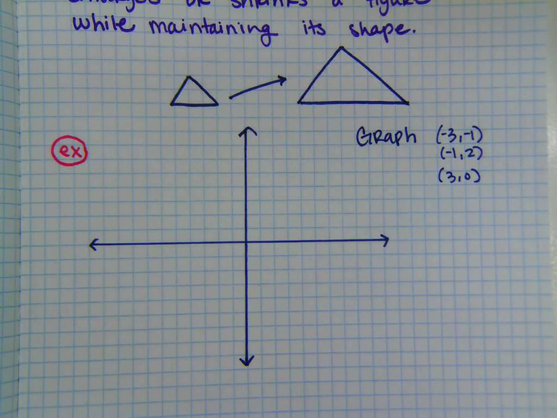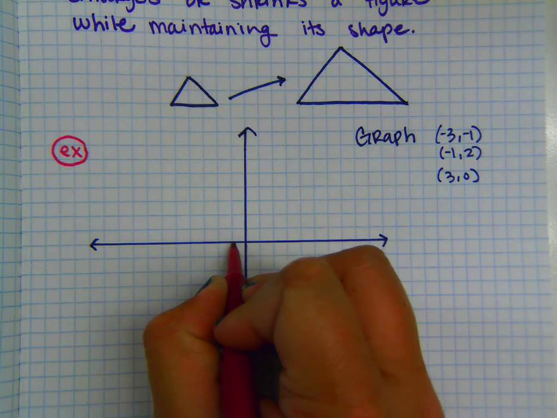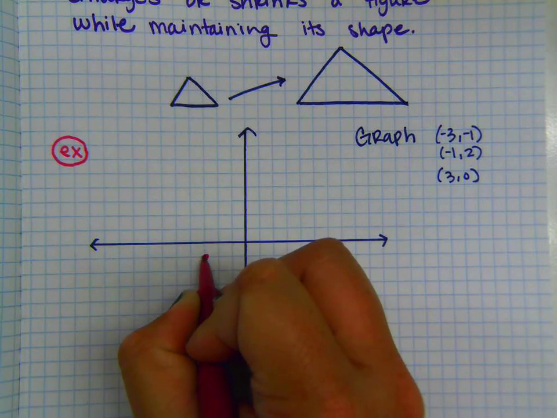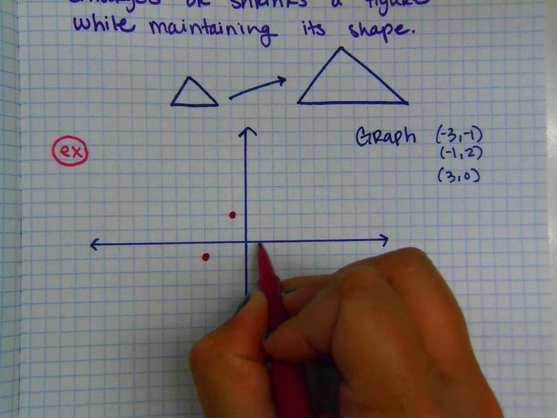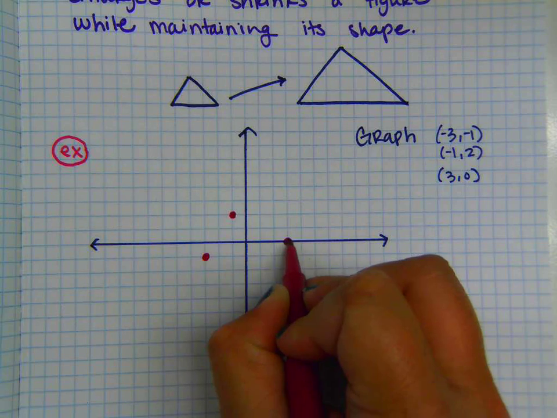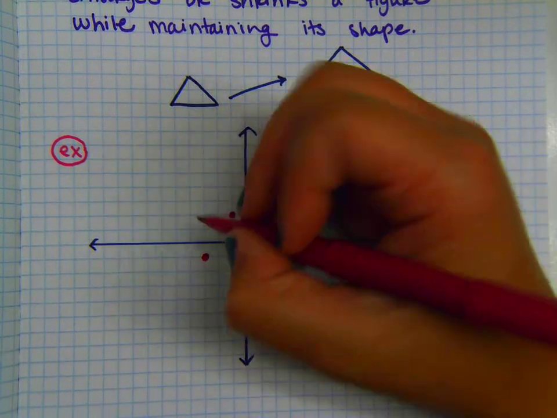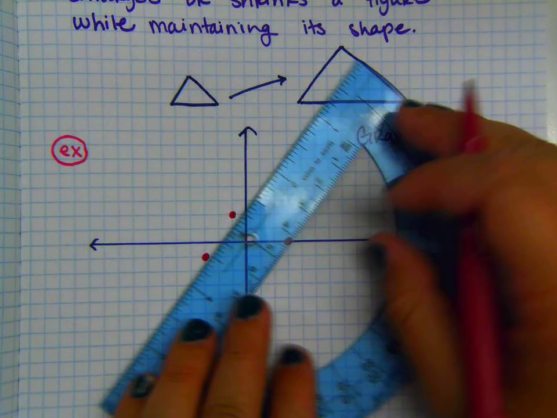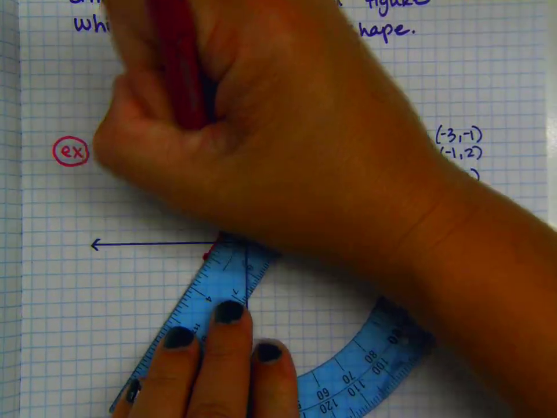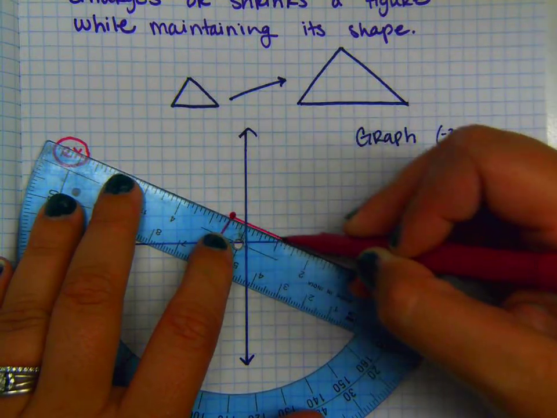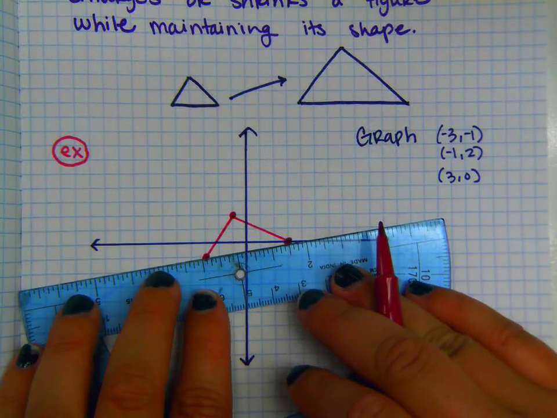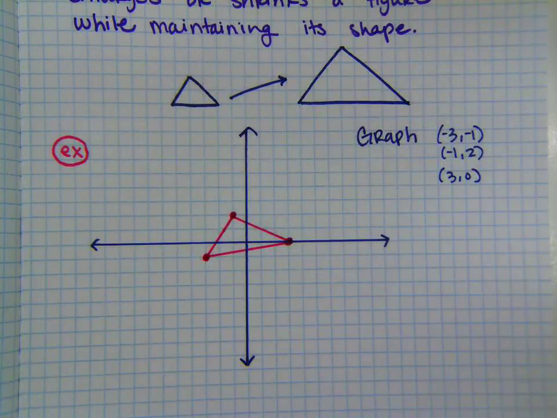Okay, so let's start by graphing those. -3, -1, -1, 2, and then 3, 0. And I'm going to draw that triangle. So that's our original image.